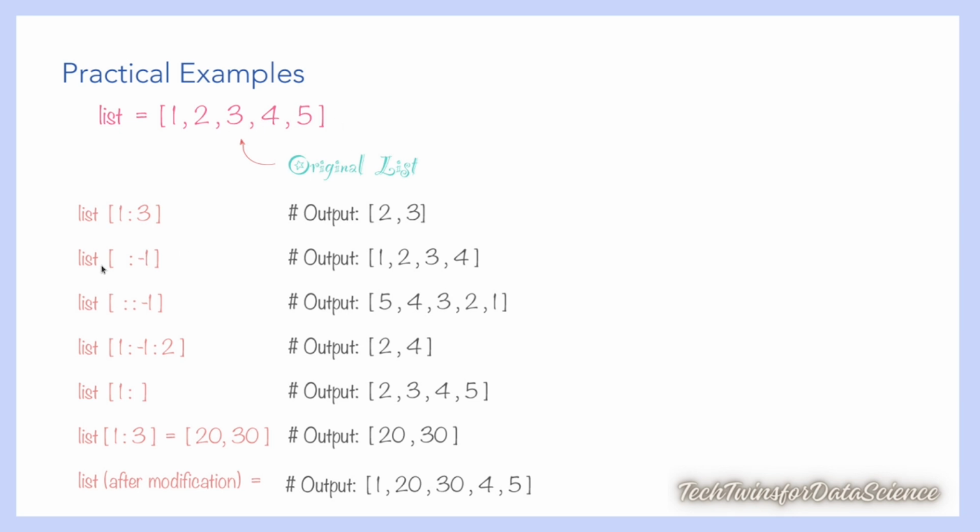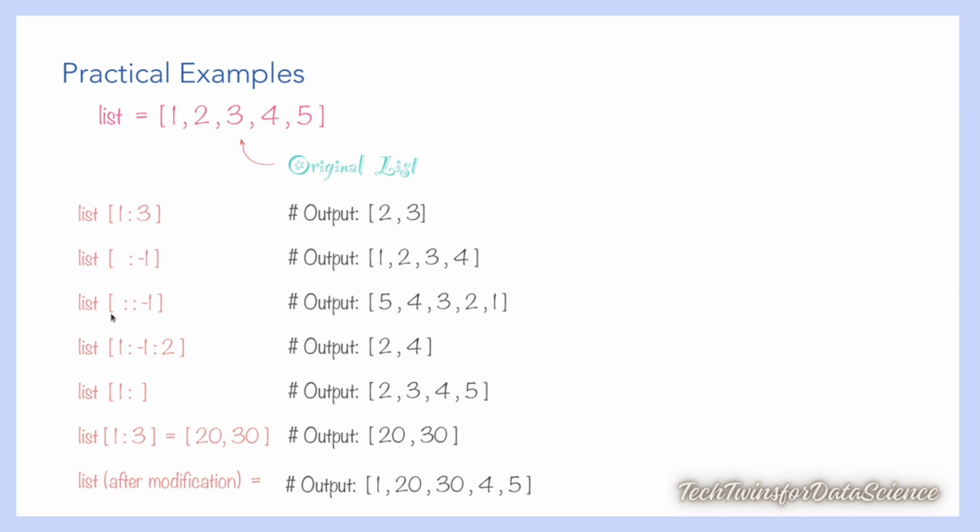Also, if we want to execute the code to get all the values except the last value, we can do this, because -1 means starting point from here, from the 5. So this list will give me the values from 1 to 4.